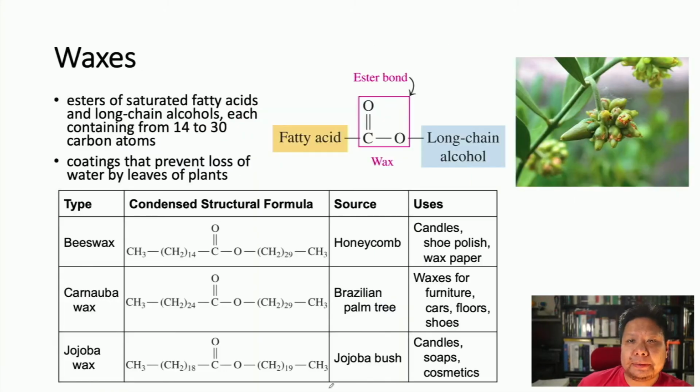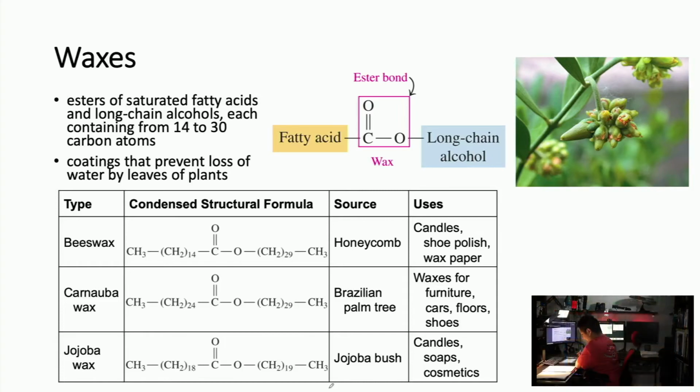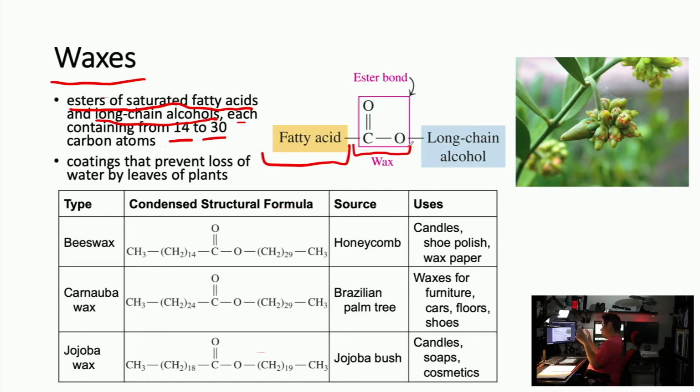Now let's talk about the different categories of fatty acids. The first one we'll talk about are the waxes. Waxes are esters of saturated fatty acid chains and long chain alcohols, each containing from 14 to 30 carbon atoms long. So here's your fatty acid part right here, and then here's the carboxylic acid part, quote unquote.